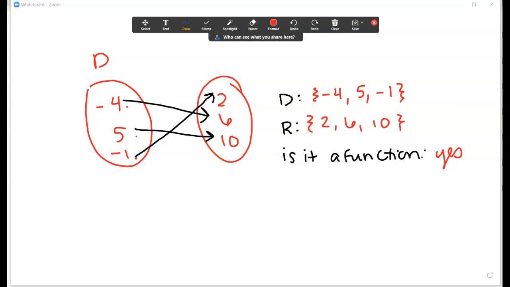If I were to change the problem and had 5 map both to 6 and 10, it is now no longer a function. So function, not a function. Good?